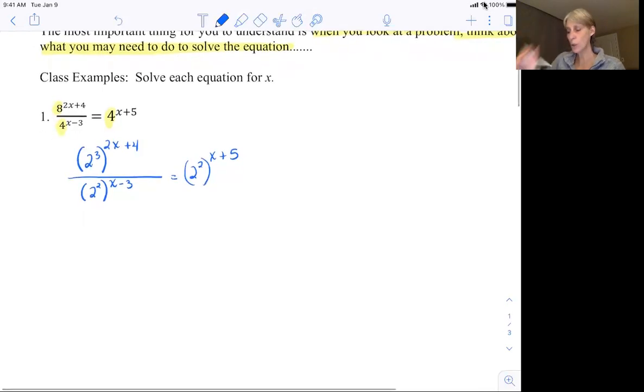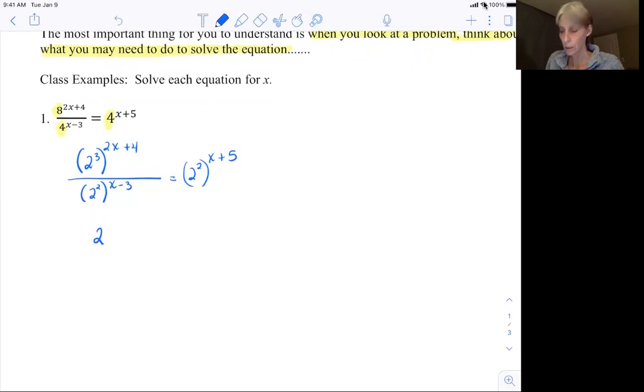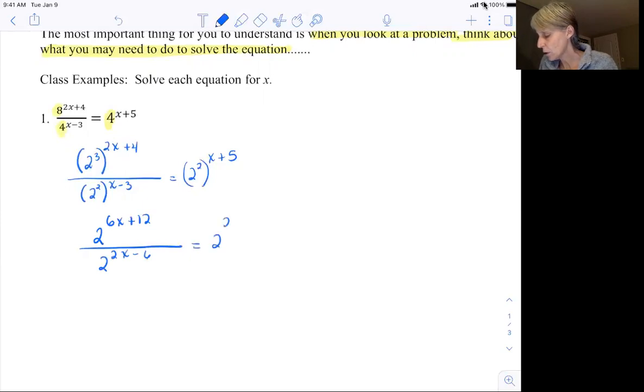When you raise a power to a power, remember you multiply. 2 raised to the 6x plus 12 over 2 raised to the 2x minus 6, 2 raised to the 2x plus 10.